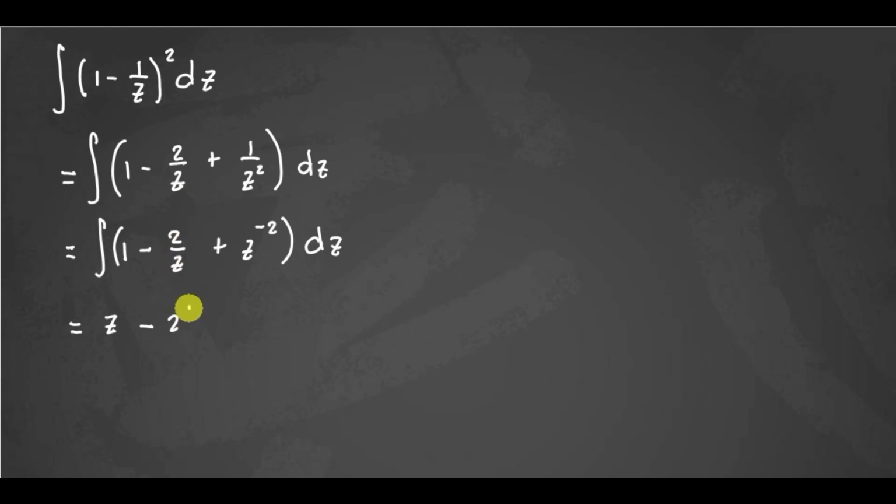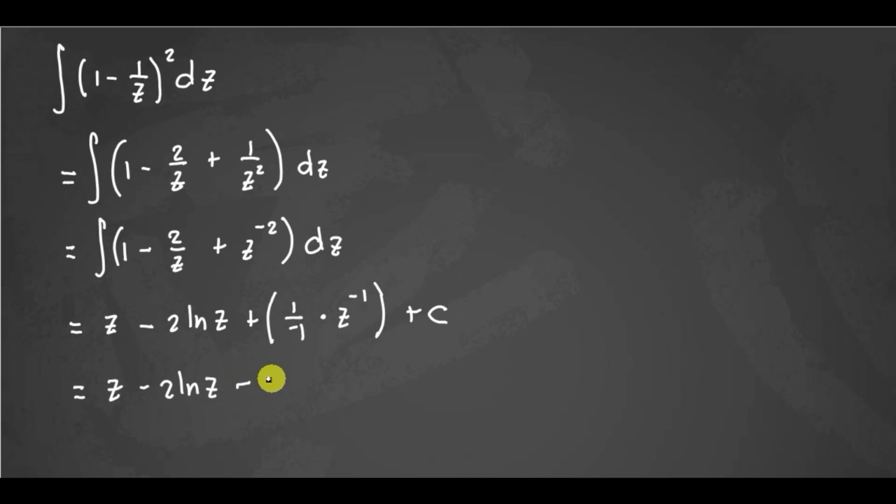This will result to 2 times the natural logarithm of z, and using the integration of power, since this is negative 2, by adding 1, our reciprocal will become 1 over negative 1 multiplied by z raised to negative 1, plus c. Simplifying the answer, we'll have z minus 2 ln z minus 1 over z plus c. Hence, this is our final answer.